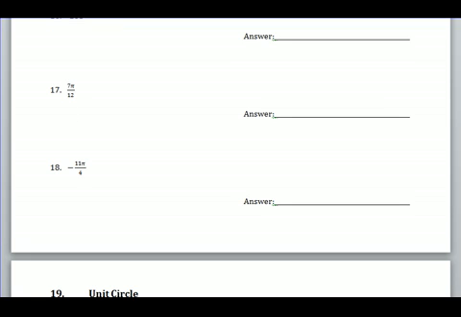On number 17, we've got 7 pi over 12 radians. It's a positive angle, so I'm going to start here and move in the positive direction. I need to think about this fraction, 7 pi over 12. I know that up here at the top of the y-axis is the angle pi over 2, and over here on the negative x-axis is pi.